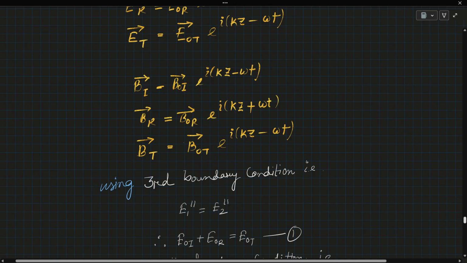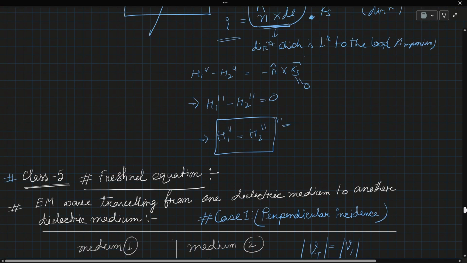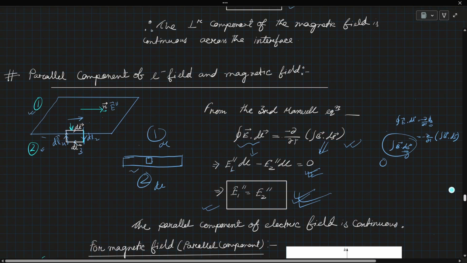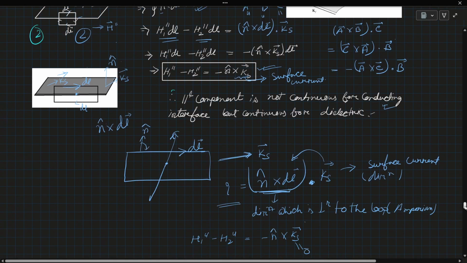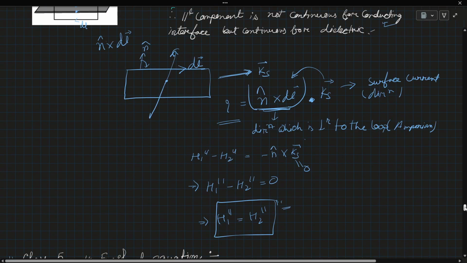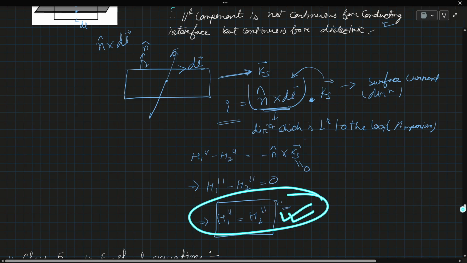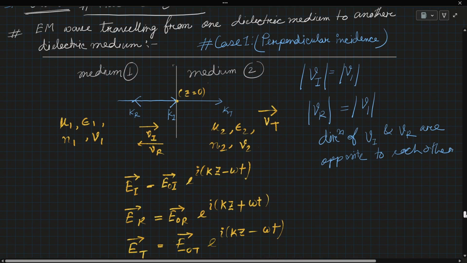I have taught you this in the previous class. Parallel components of electric field and magnetic field, that is E1 parallel equals E2 parallel. Similarly, the fourth equation: if both media don't contain any surface current, then H1 parallel equals H2 parallel. Let us get started with it.